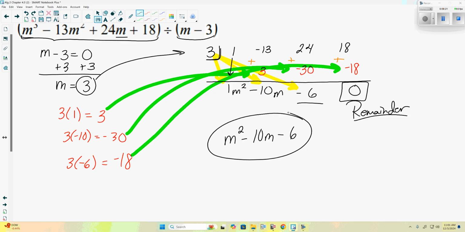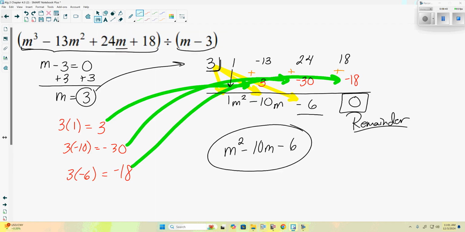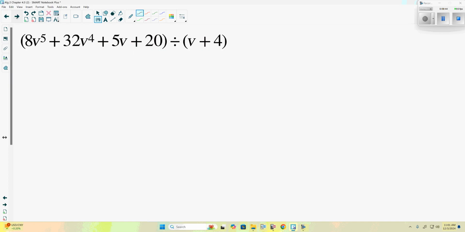We like this a little better than long division, because again, it is a little more tedious, especially the first time we do it. I feel like this one will probably be less tedious. Yes. Definitely not as tedious as the previous one. We ready to move on to the next one? Okay.